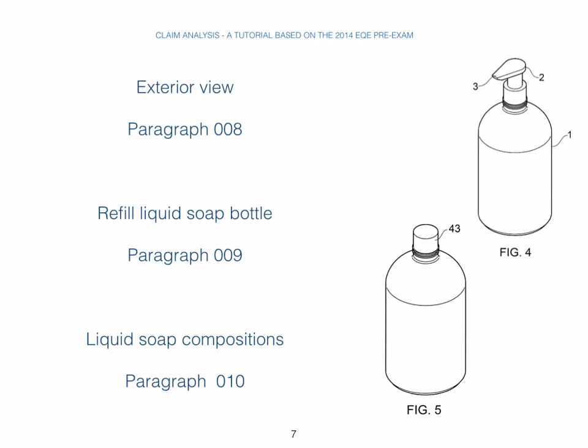And paragraph 10 has a definition of the liquid soap compositions, water, detergent and glycerin, and it has the words "for example" and "preferably," which are words you frequently encounter in patent applications and you should always take note of in the EQE.